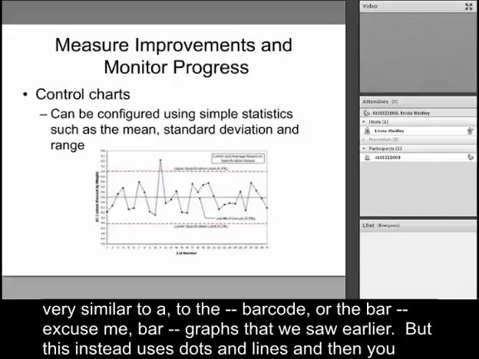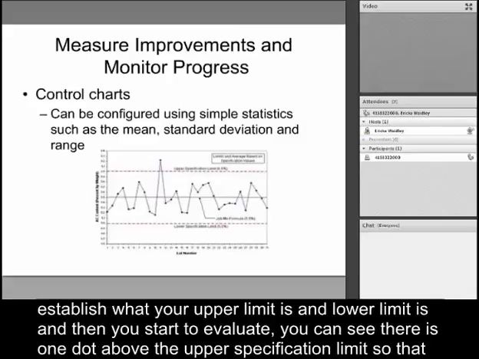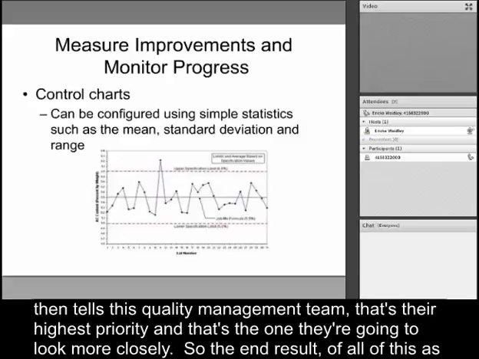But this instead uses dots and lines, and then you establish what your upper limit and what your lower limit is, and then you start to evaluate. You see that there's one dot above the upper specification limit. So that tells this quality management team that that's their highest priority, and that's the one that they're going to look at more closely.